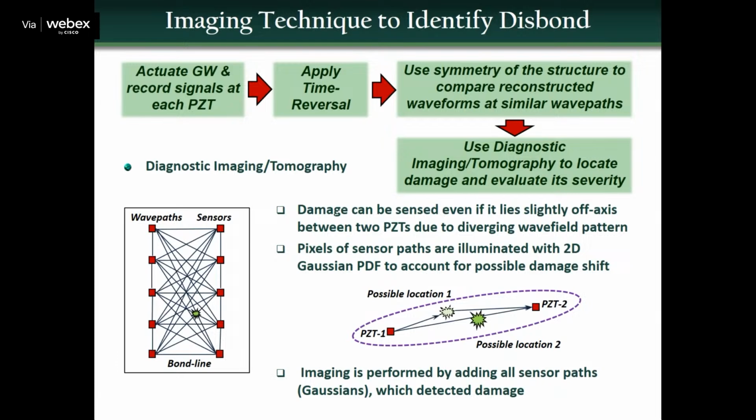As I said, there are different ways of doing tomographic data reconstruction. And similar to what we did in the beginning of this afternoon session, let's try to use the same diagnostic probabilistic imaging to get the location. And you can see it's very similar here.